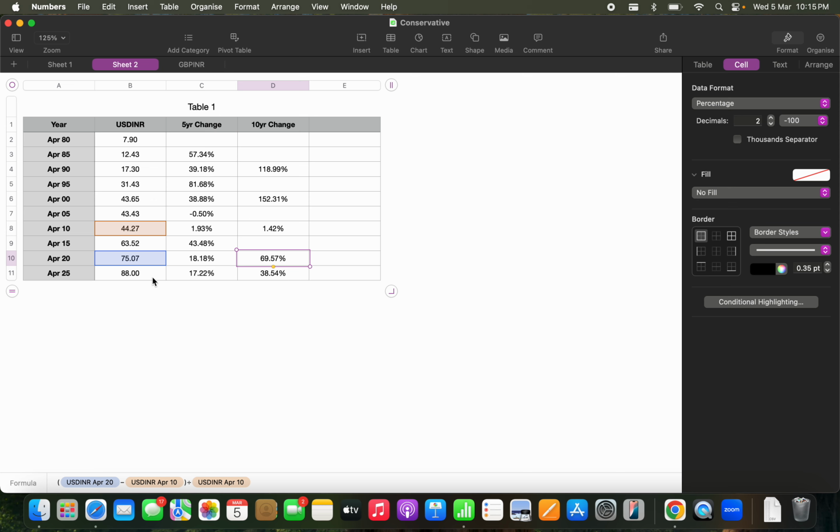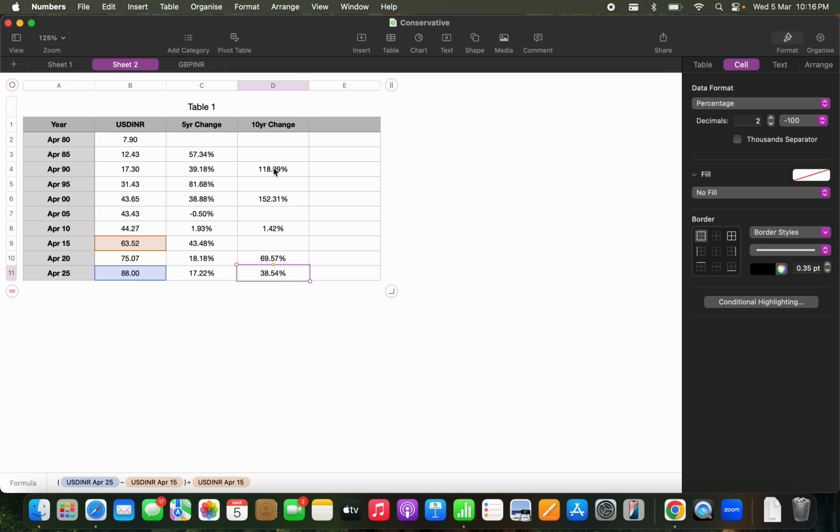And the current 88 rupees to the dollar, relative to its level 10 years ago, is at a mere 38%. We are talking about a 38% depreciation over a 10-year period. So we could use the CAGR formula to arrive at an average value of approximately 3% per year to get this number of 38% over 10 years.